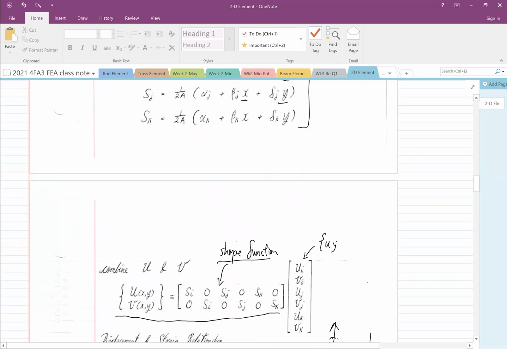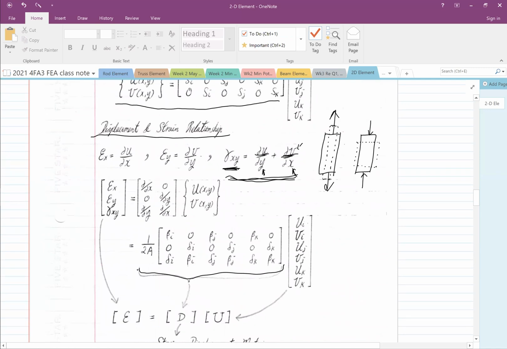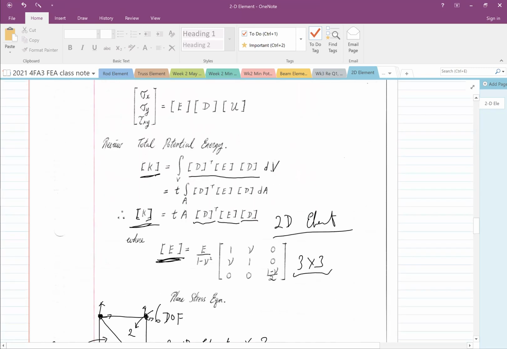Where did it go? It's right here. See, with the 9 terms, alpha ijk, beta ijk, and delta ijk, you get the displacement matrix.